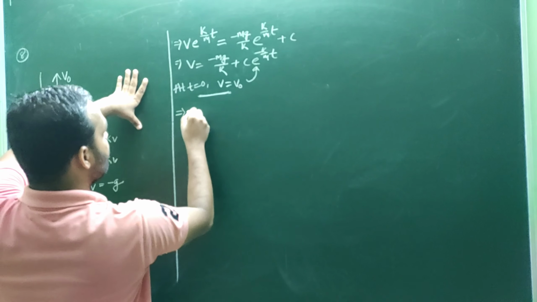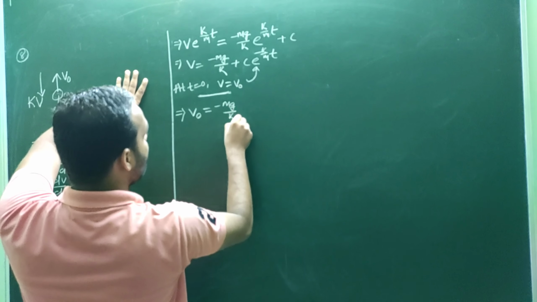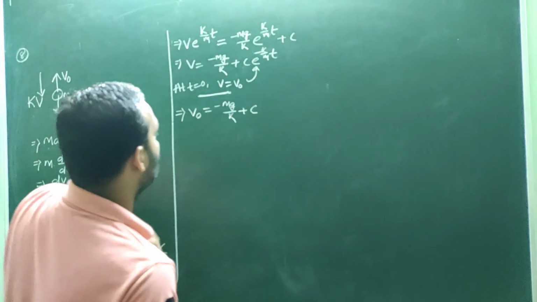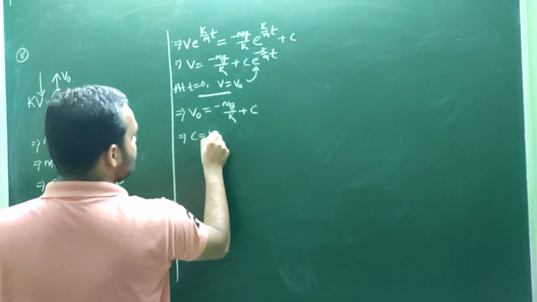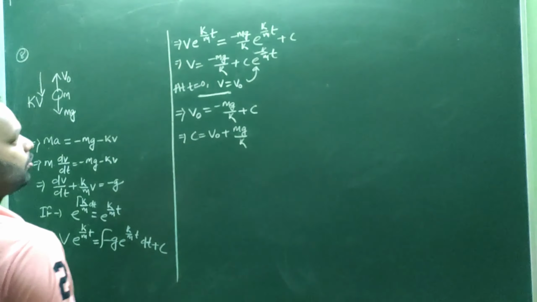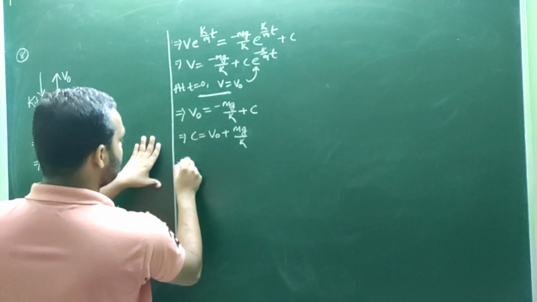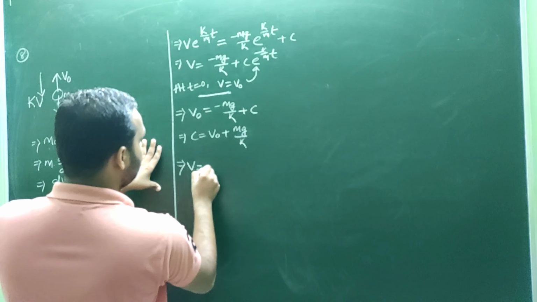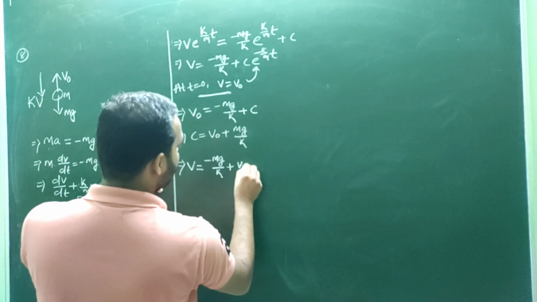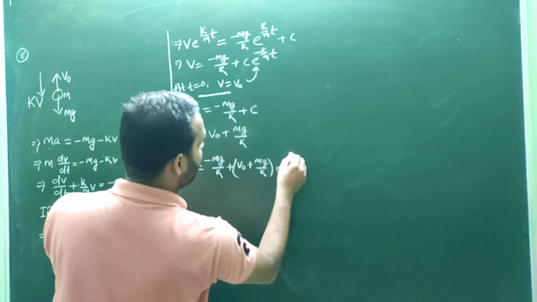So this equation becomes v naught is equal to minus mg by k plus c, because this term will be 1, so only c. C becomes v naught plus mg by k. Now put this c in this equation, and you will get the final solution. V will be minus mg by k plus v naught plus mg by k e to the power minus k by m t.